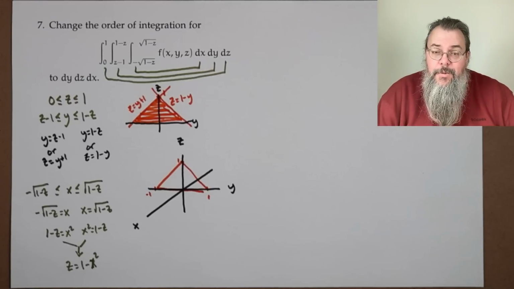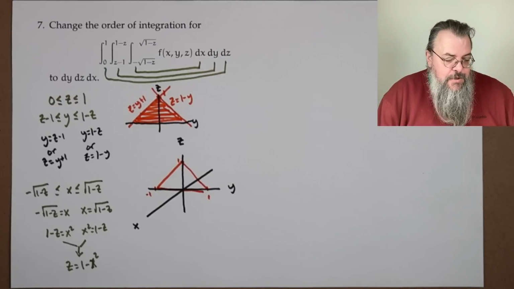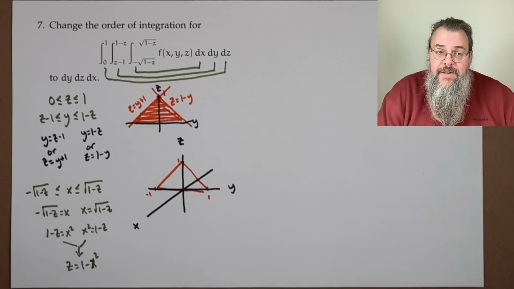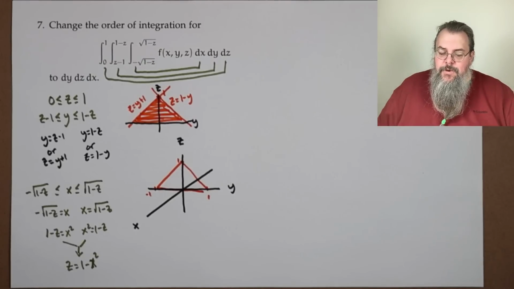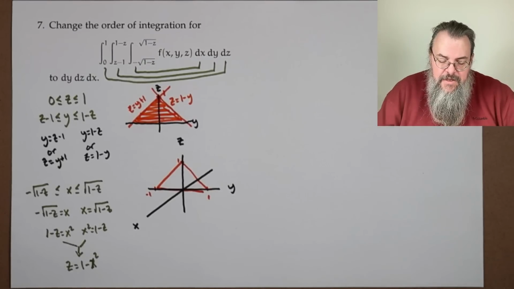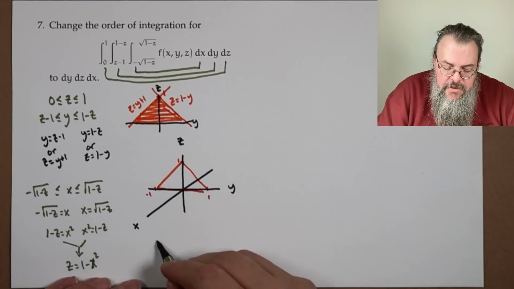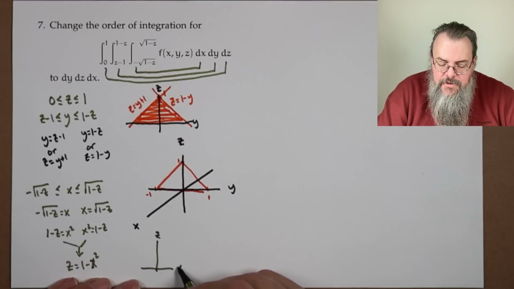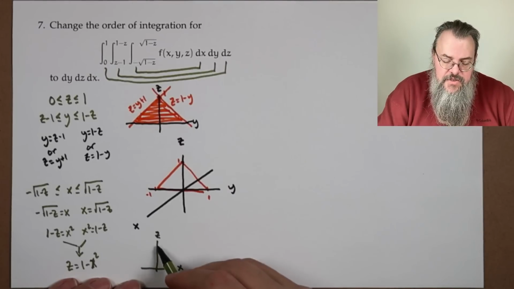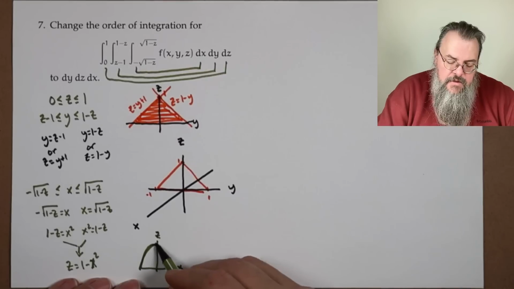Now, we have this other shape, which is z equals 1 minus x squared. Well, what does that look like? In the zx plane, if we weren't thinking of this in terms of 3 dimensions, but in terms of 2 dimensions, it would look like an upside down parabola, because it's an upside down parabola.